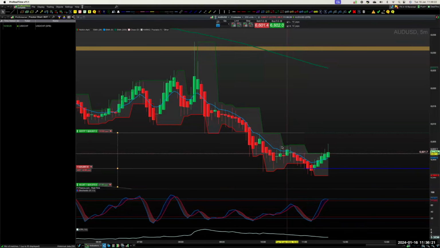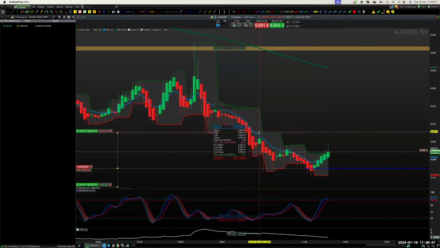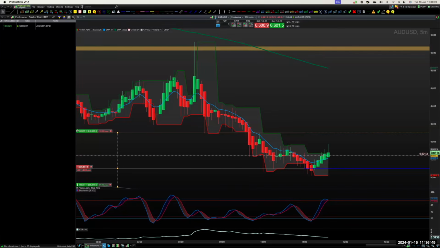Now, this trade should have been a bit higher on this Fibonacci here, so we should be 2 pips higher up. I'm just going to quickly move that now because I need to go at extra risk.